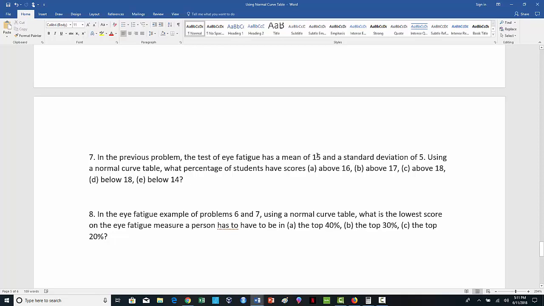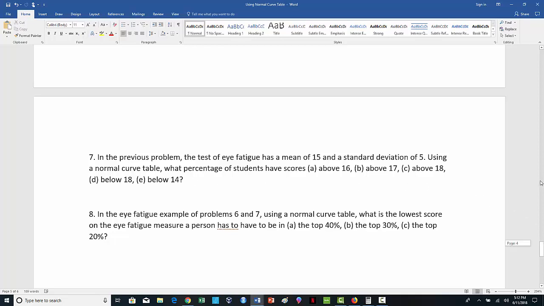Well, this is going the opposite direction. It's going below the mean by 1/5 of a standard deviation. So this is kind of the inverse of this question. So we have a z-score of negative 0.2 here. If you remember, this was a z-score of 0.2. Now it's asking what percentage have scores below a z-score of negative 0.2.